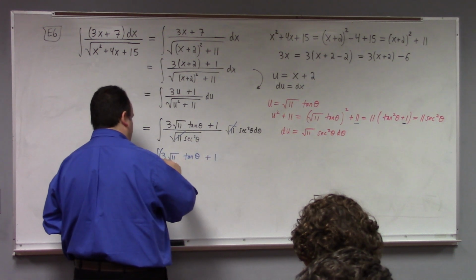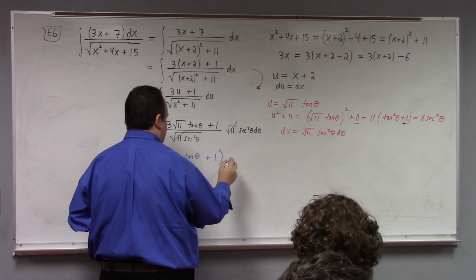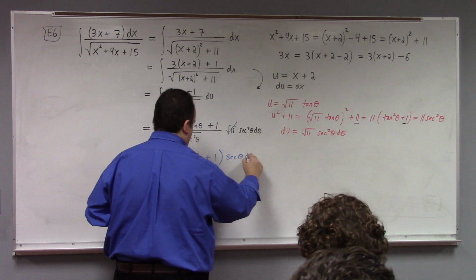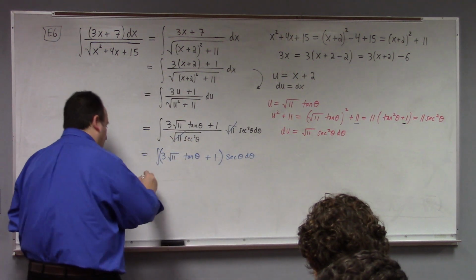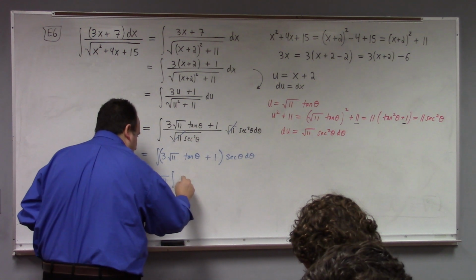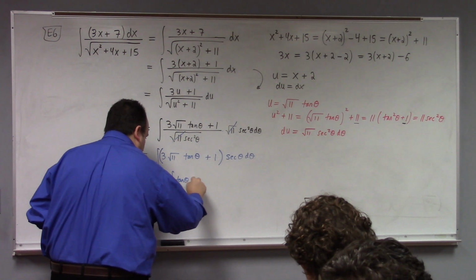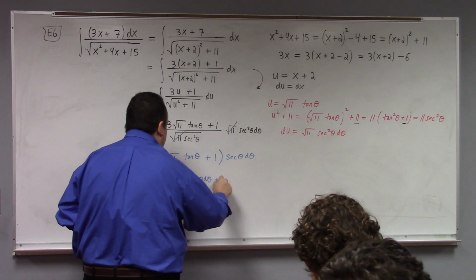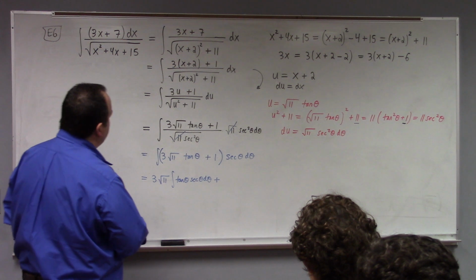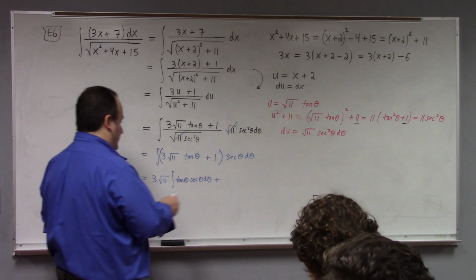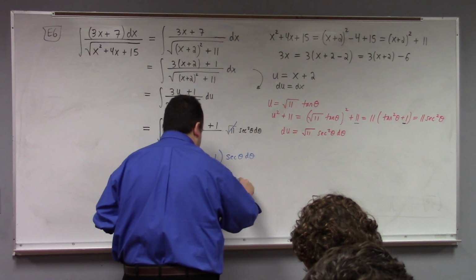Watch out for that. Parentheses are our friends. Those secants do cancel, so we're left with secant theta d theta. So what we're up against here is 3 square root of 11 times the integral of tangent secant, plus, and now that 3 root 11 only multiplies the first term, not the second one, right? So the next one's just a plain old integral of secant theta d theta.